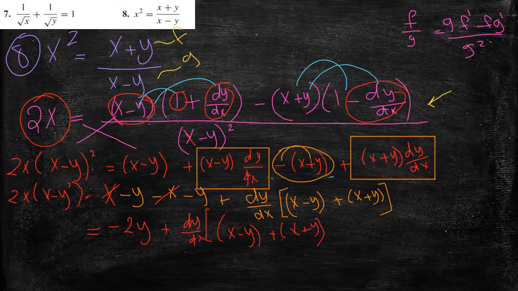This is equal to 2x times (x minus y) squared. Then let's move to y, a second term. What will you get now?